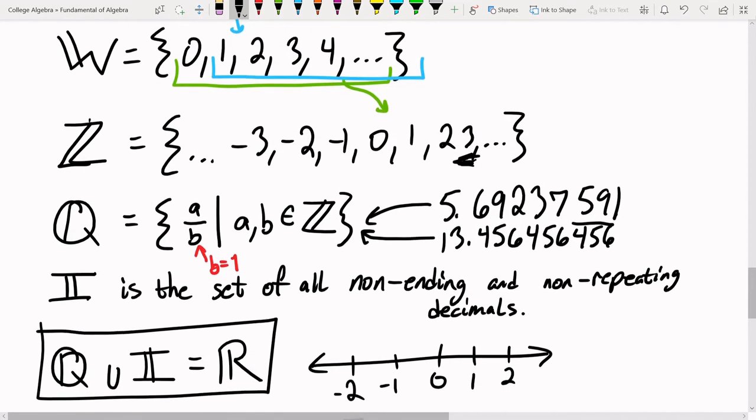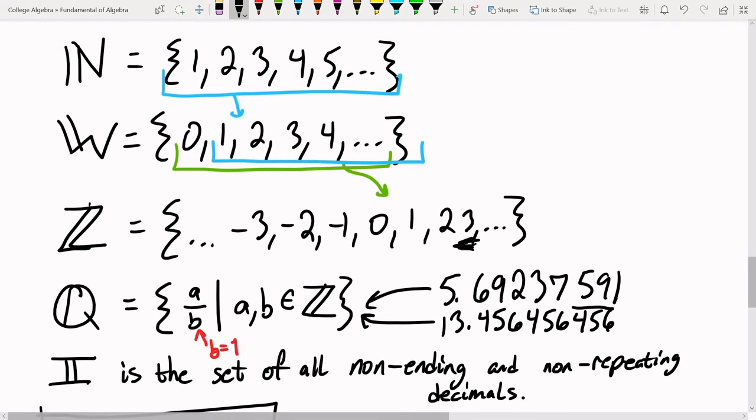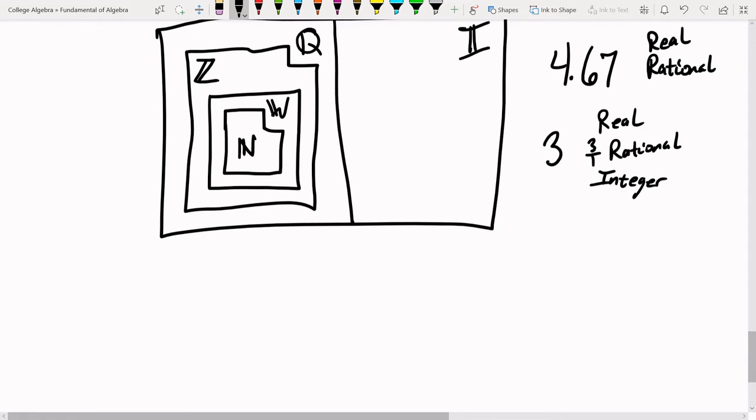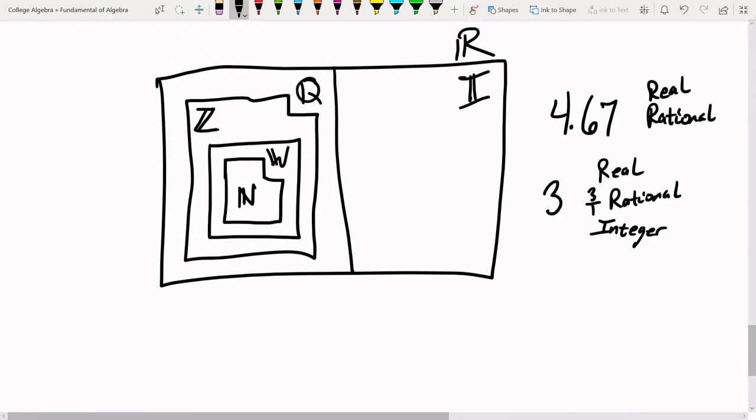It is in fact also a whole number and also a natural number. So that's all the classifications for 3.